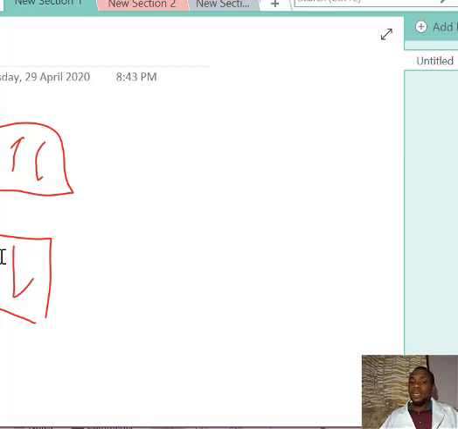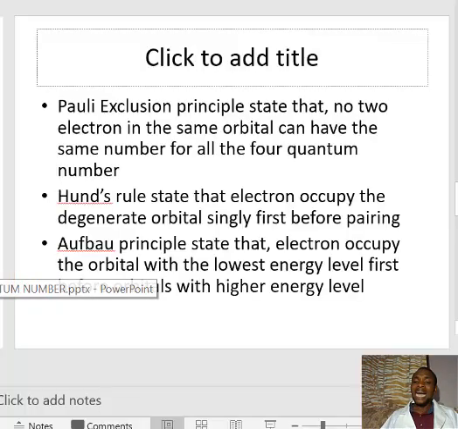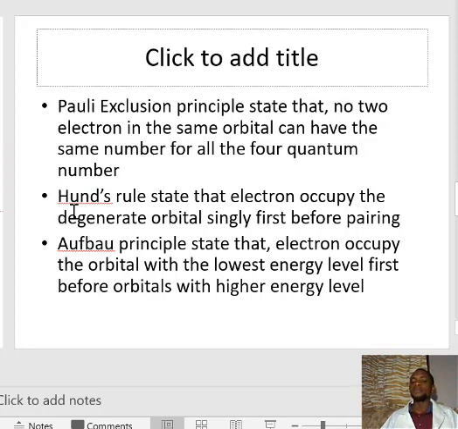That is, if the principal quantum number is the same for the 2 electrons occupying the same orbital, the subsidiary quantum number is the same also, and the magnetic quantum number may be the same as well. But the spin quantum number will not be the same, since the spin value can either be plus or minus half. So that is Pauli's exclusion principle.